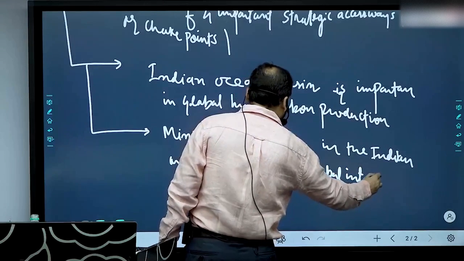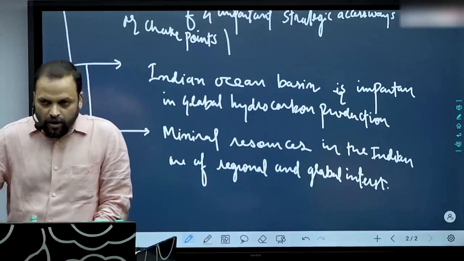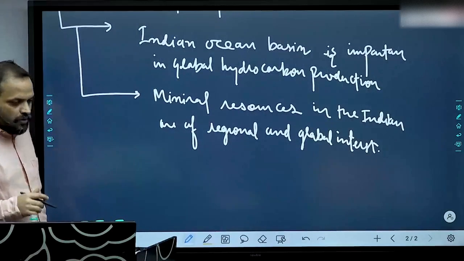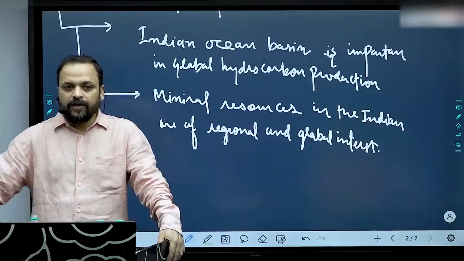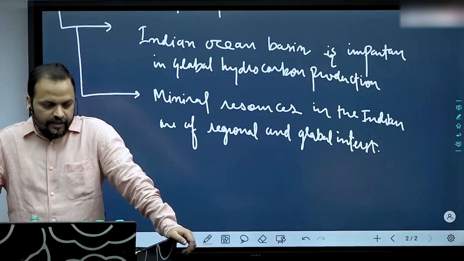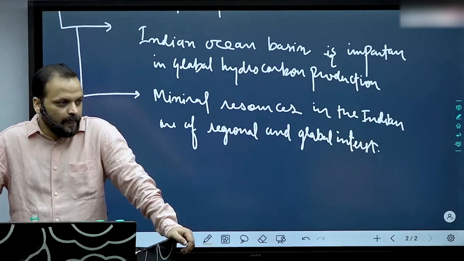Everybody is interested in it, be it regional coastal countries or global players. You have polymetallic nodules and placer deposits, all available in the Indian Ocean region, rich sources of different kinds of minerals.